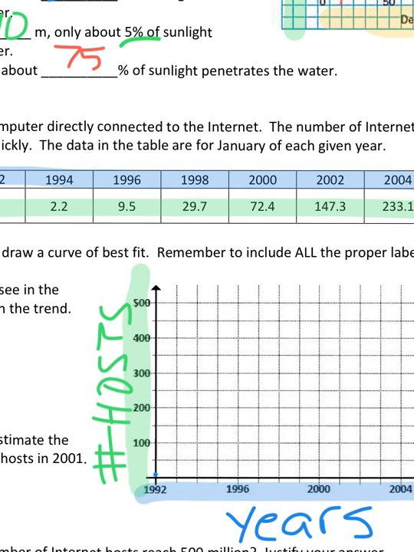1992, 0.7. 1994, 2.2. 1996, 9.5. 1998, we're now lifting up to 29.7, so that should be closer to just over the halfway mark. 2000, 72.4, so just about the halfway mark. 2002, we're at 147, so just under the 150 line. 2004, we're at 233.